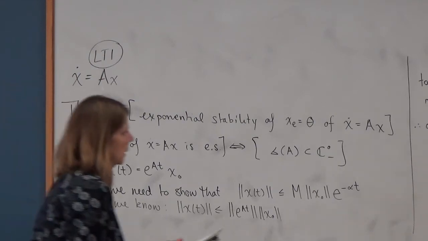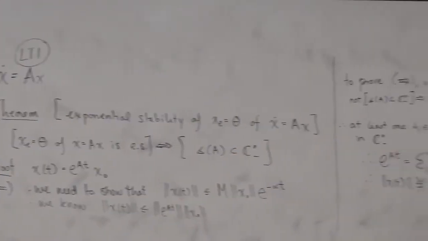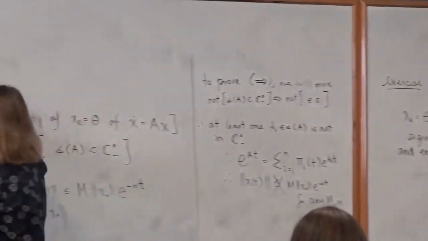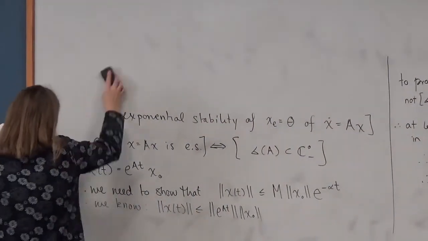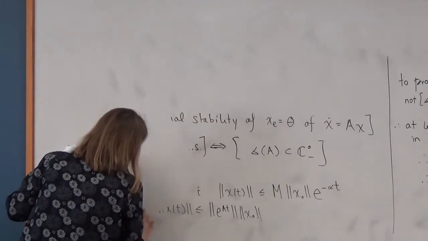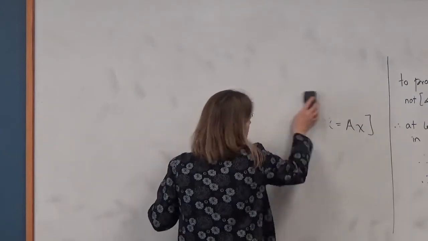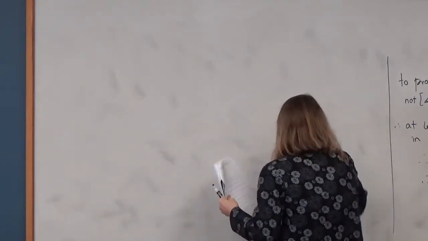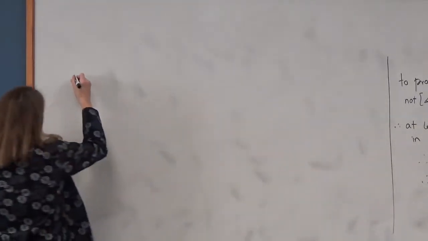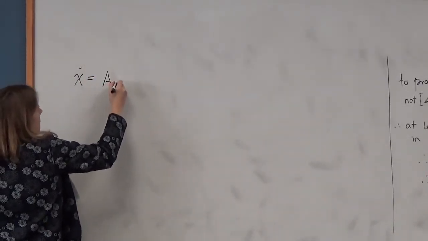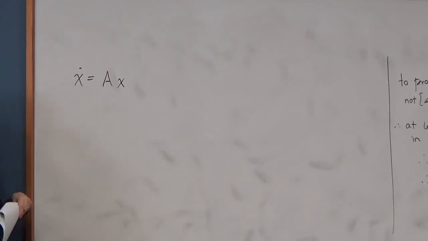So the connections between BIBO stability and state space, or internal stability, are kind of neat, and we implied them last day when we did a few examples. In internal stability, we've focused on the relationship of the state to the matrix A, for a time invariant system.